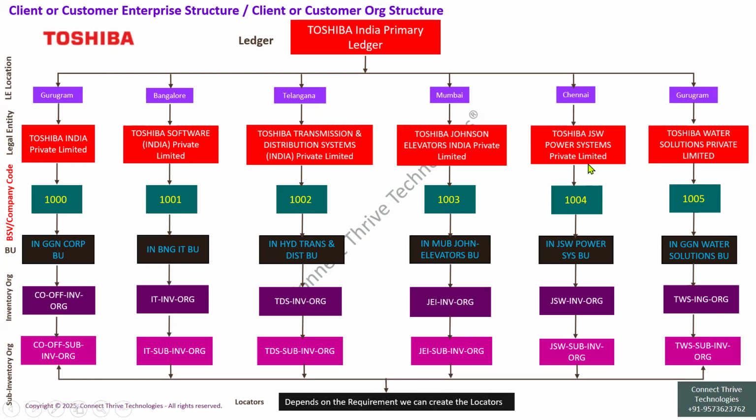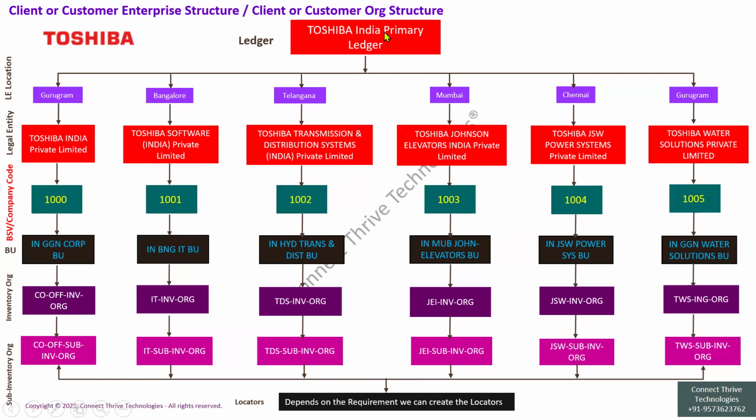So if you see the overall structure, at the top level the enterprise name will be there, Toshiba Group. Under it, depending on the country, each country has its own unified primary ledger, Toshiba India primary ledger. Then under it, wherever they have locations in multiple states, depending on the business, they have different legal entities and associated company codes, associated BUs, associated inventory, sub inventories, and locators.